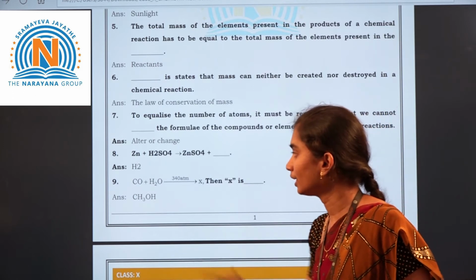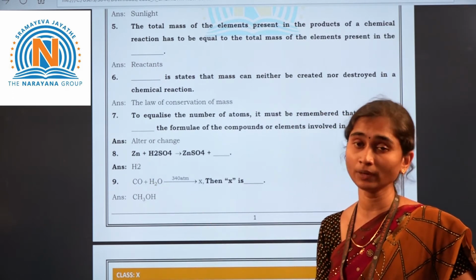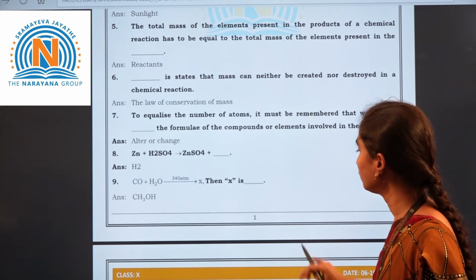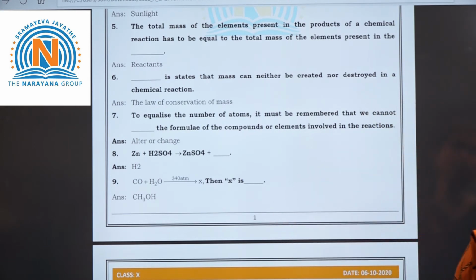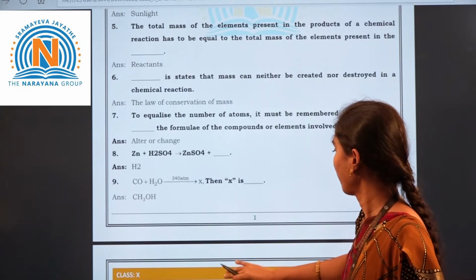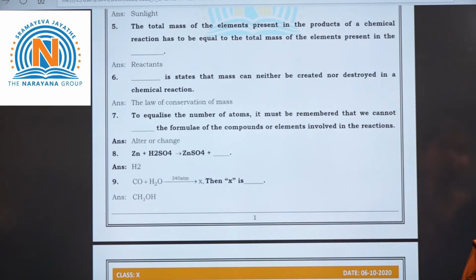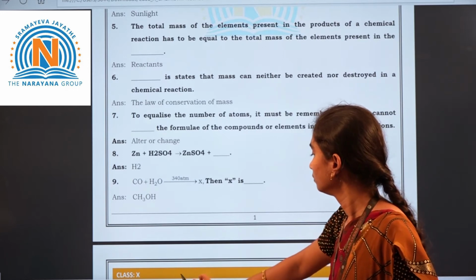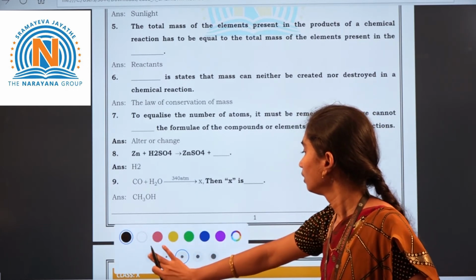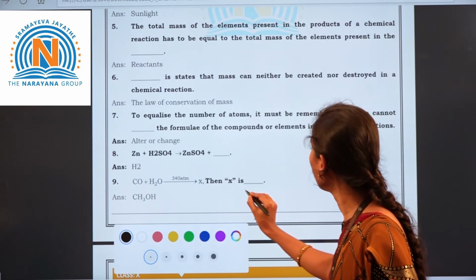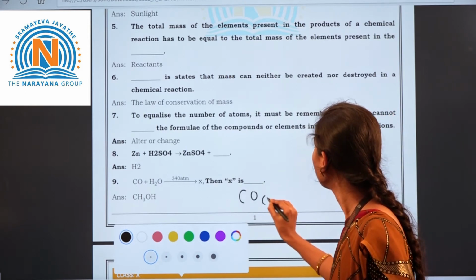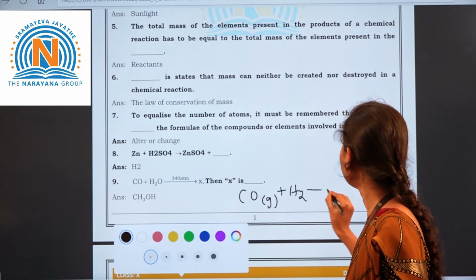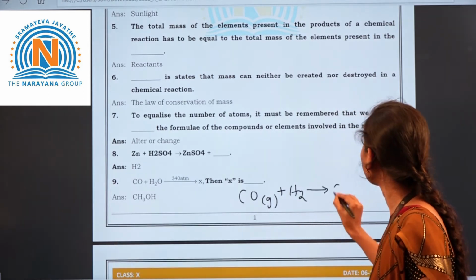In this question, carbon monoxide reacts with hydrogen. See here children, carbon monoxide reacts with hydrogen, and it can form methanol.